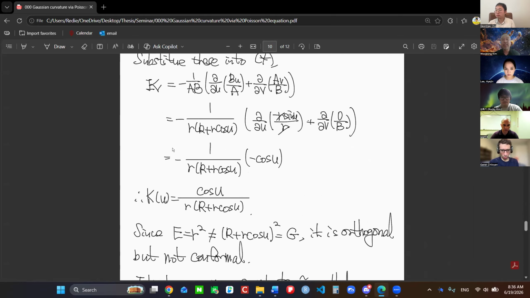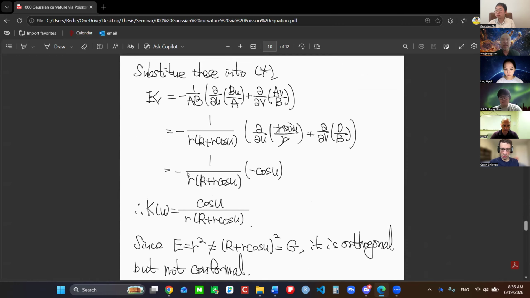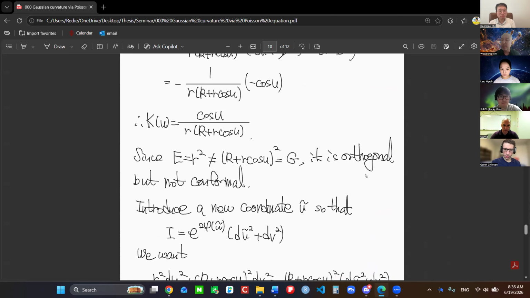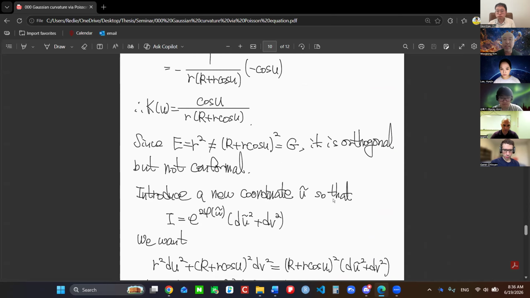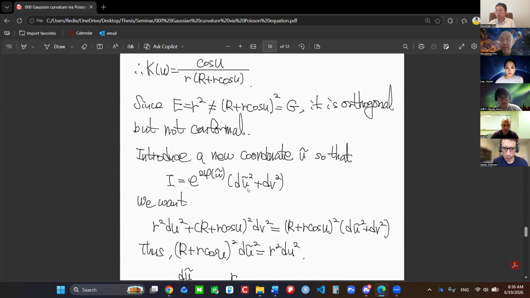Since E is A squared, R squared, E and G are different. So it is orthogonal but not conformal. This coordinate system is not conformal, but orthogonal. So in this case, we need to introduce a new coordinate, u tilde, so that we can make it conformal.